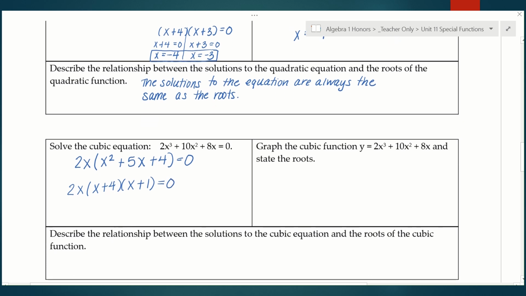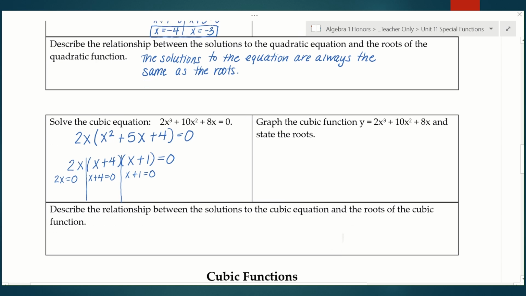Okay, and then just like we did above where we split this equation, now I have 3 parts that I'm going to solve. The first part is 2x equals 0. The middle part is x plus 4 equals 0. And the last part is x plus 1 equals 0.